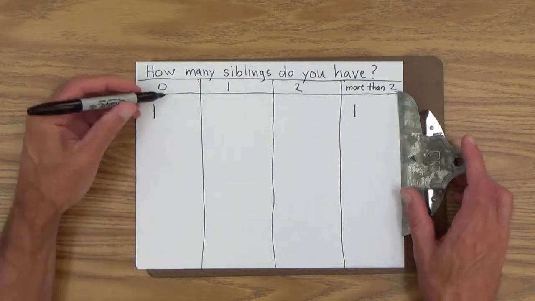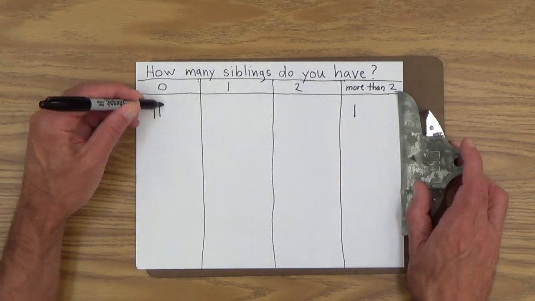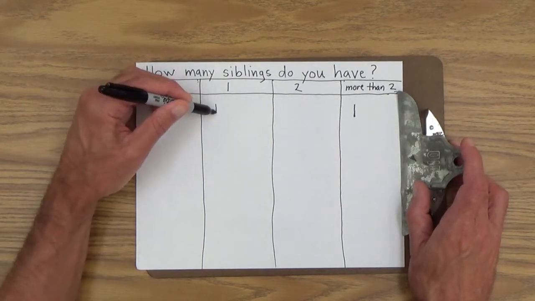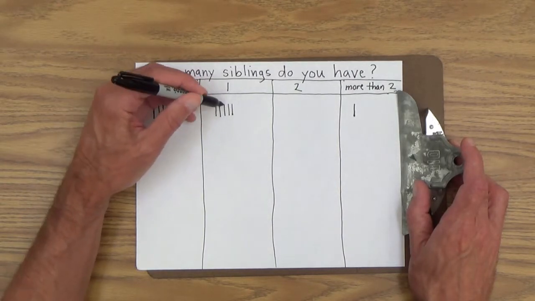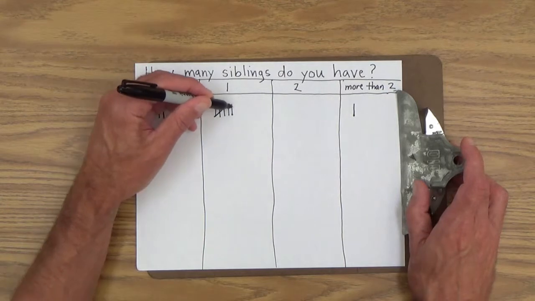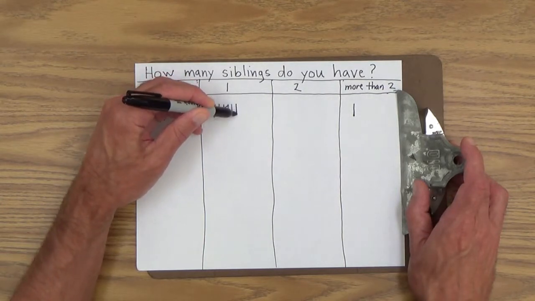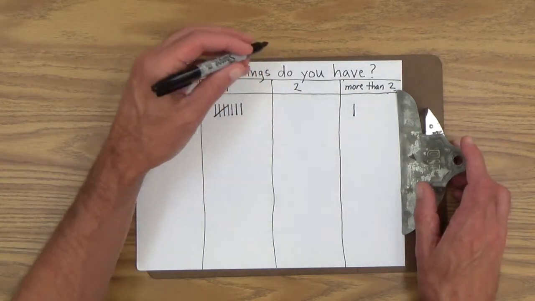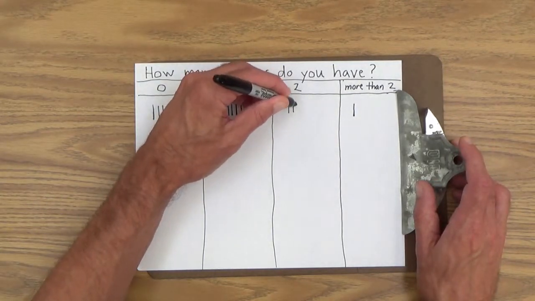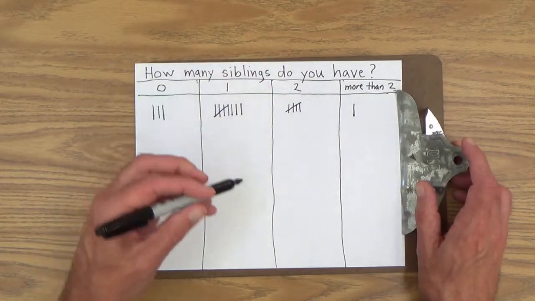I'm just going to make up some figures here. Oops, that's a mistake. There we go. 5, 6, 7, 8. Let's say 5.